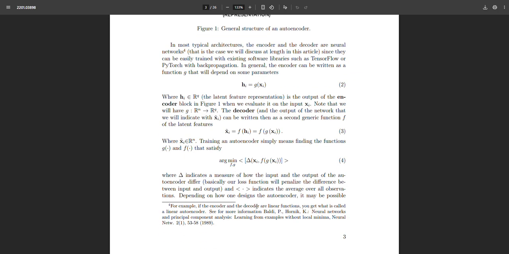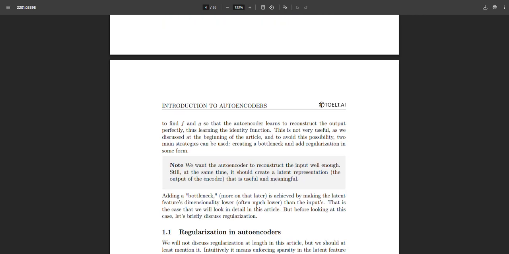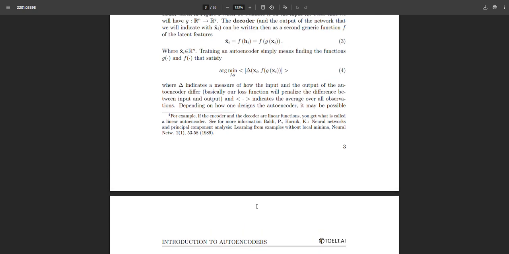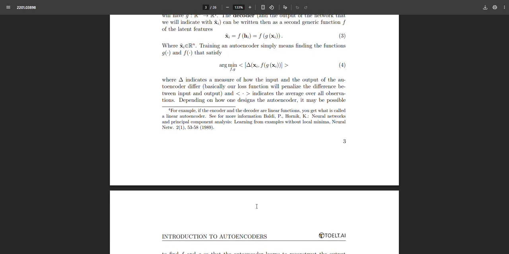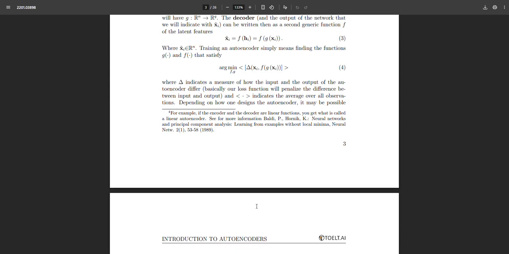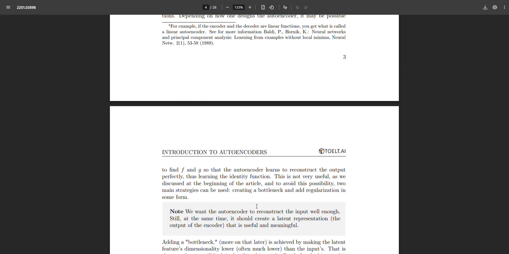If we only focus on the minimization, it's possible to find f and g that perfectly reconstruct the output, essentially learning the identity function, where the output is exactly equal to the input. As we discussed, this is not very useful. We don't need a complex neural network to just copy data. To prevent this trivial solution and force the autoencoder to learn a meaningful latent representation, we use two main strategies: to create a bottleneck and to add regularization.